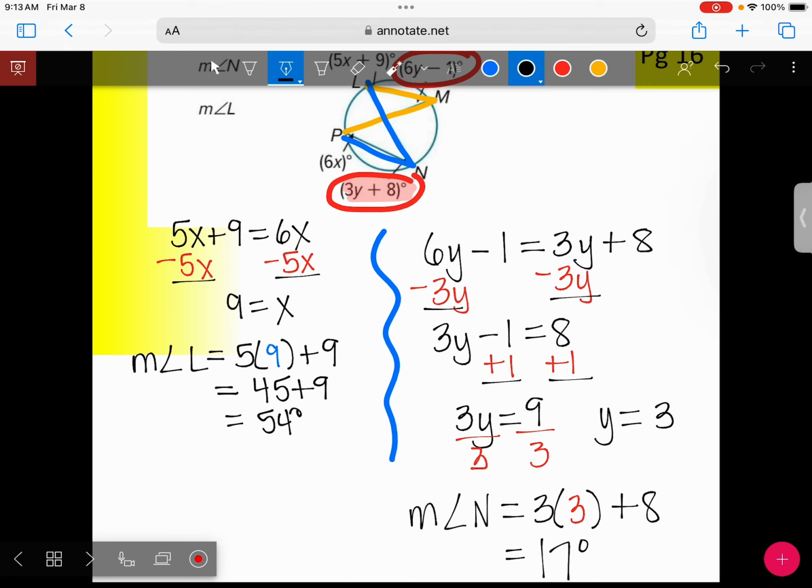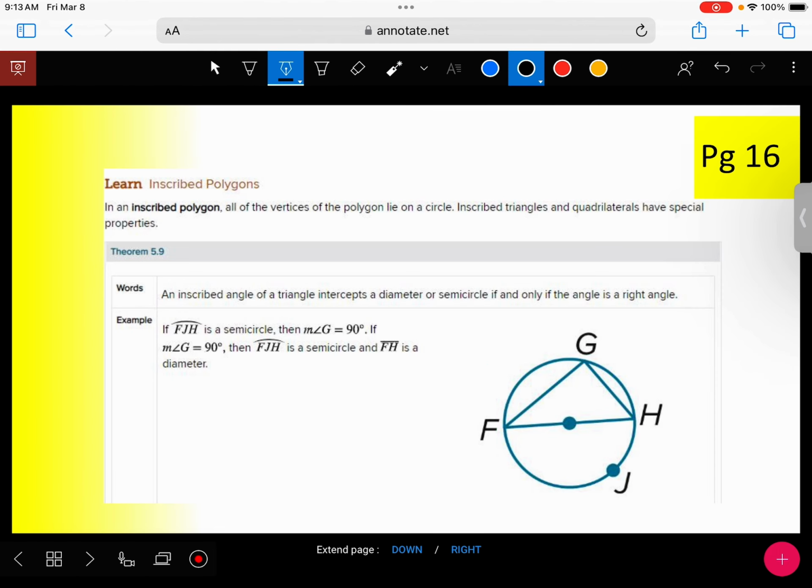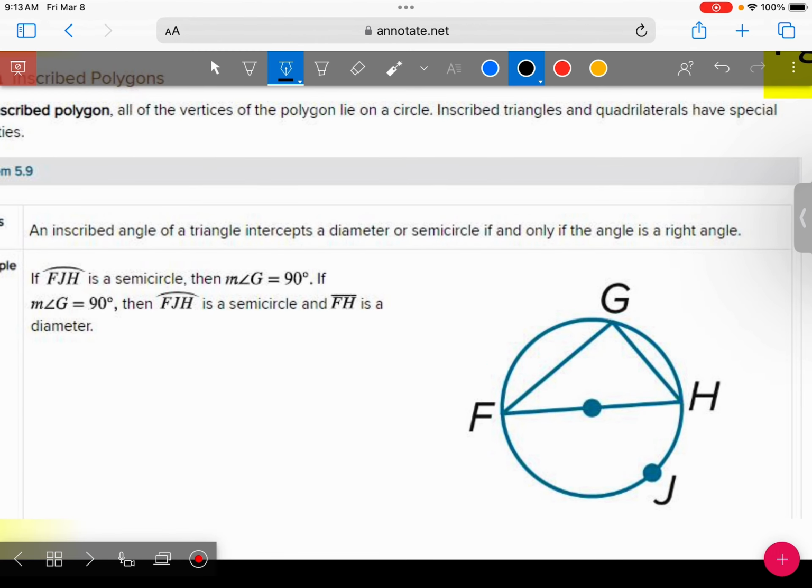All right, so now let's talk about what if we have an inscribed angle and the arc is the diameter. Whenever you see that, you see how we have, this is my diameter right here. And then this angle is intercepting that arc.